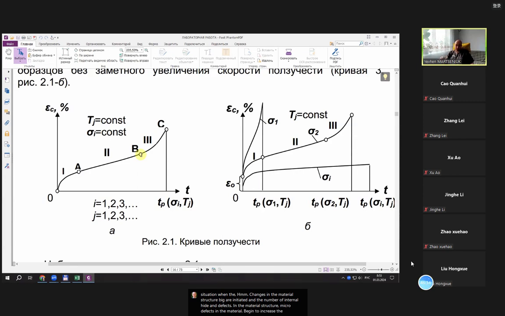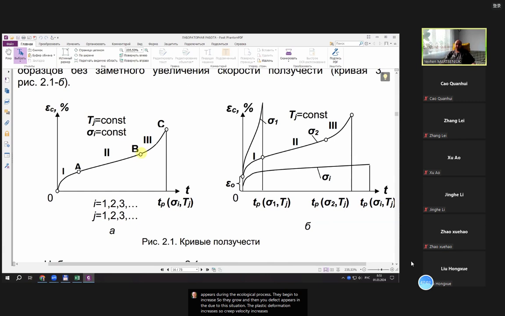The old defects which appeared during the technological process begin to grow, and new defects appear, and due to this the plastic deformation increases, so creep velocity increases.